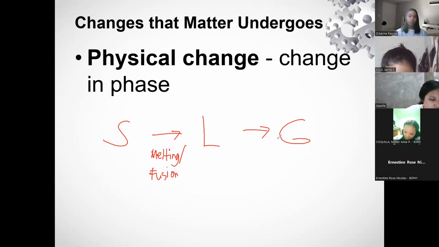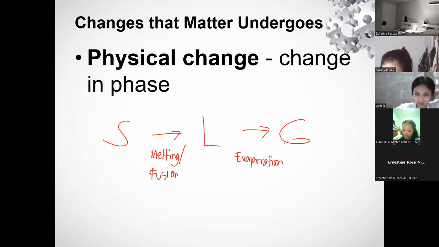Paano kung ang liquid gawin nating gas? Ang tawag dyan? Evaporation. Again, that is called evaporation. Pag ang liquid gawin nating gas. Paano yung baliktad? Ang gas gawin nating liquid. Sabi natin to kanina.